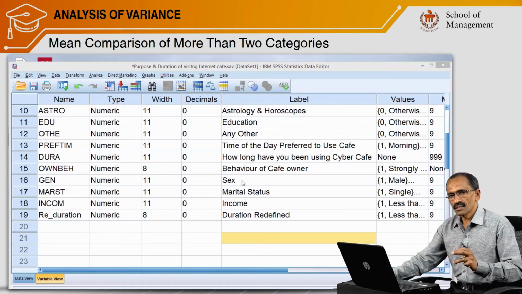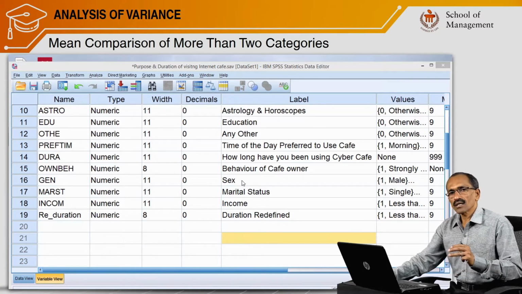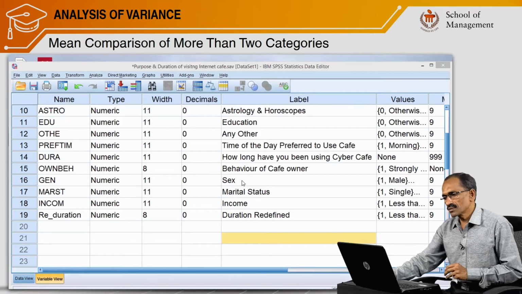The purpose of the test is to find out whether the mean value is equal across categories. What is the meaning of the mean value across categories? Let's say we have two variables here. One is job satisfaction of employees.